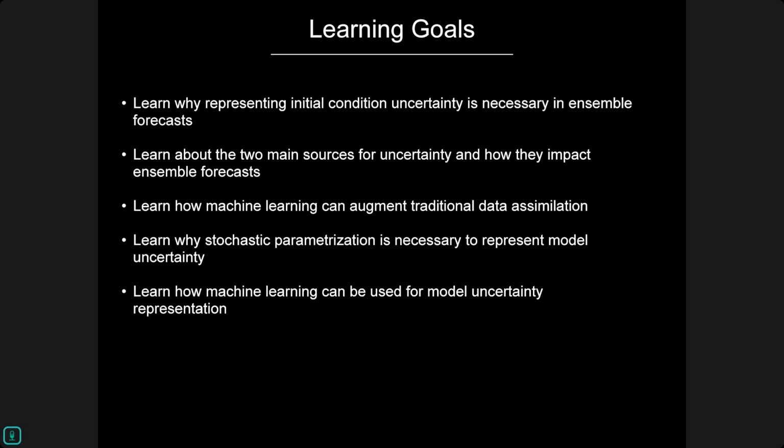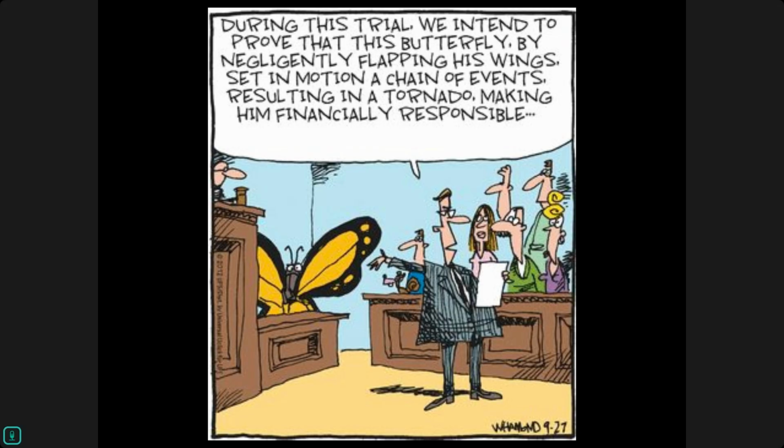We learn how machine learning can augment traditional data assimilation that Sarah presented. We learn why we need stochastic parameterization, which is model error representation. And that represents uncertainty in our model itself. And then I'll finally give an example and we learn about how we can use machine learning for model uncertainty representation.